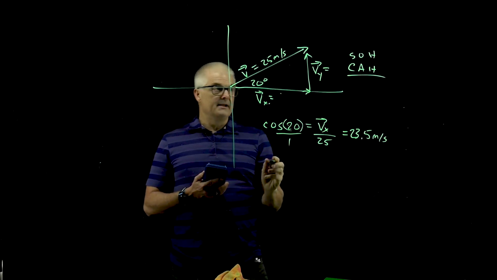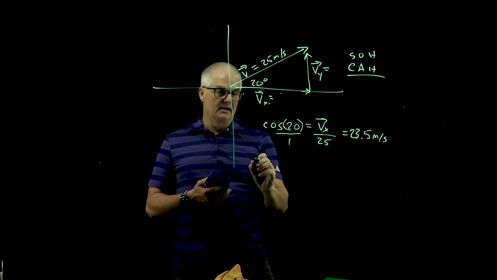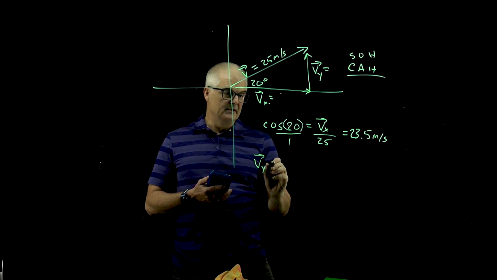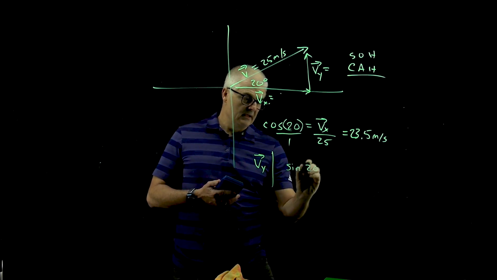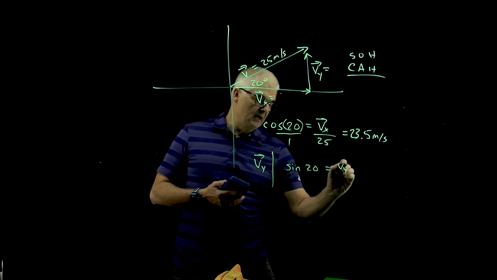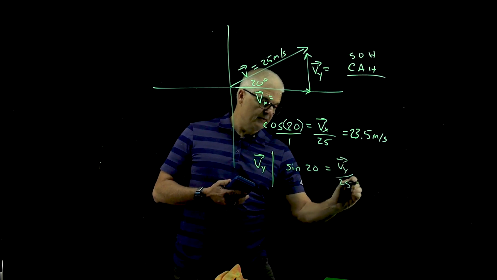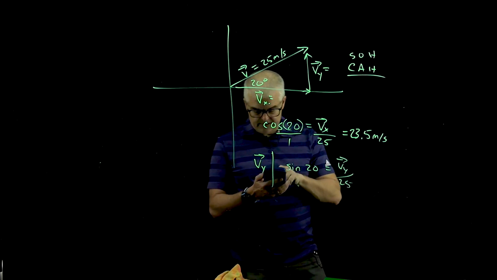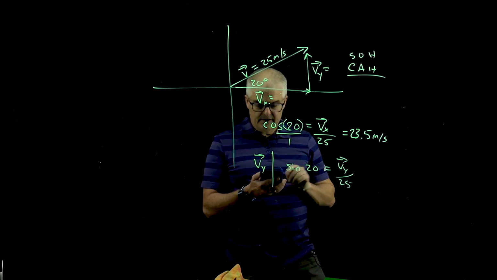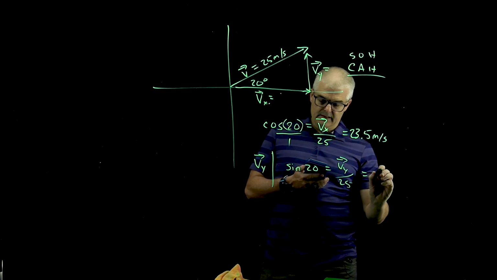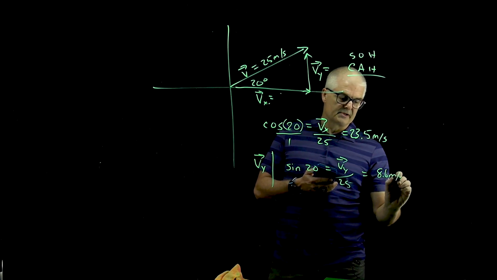To do the y, it's the same ballgame. I would use the equation sine of 20 equals Vy over 25. I type in sine of 20 on my calculator times 25, and I get 8.6 meters per second.